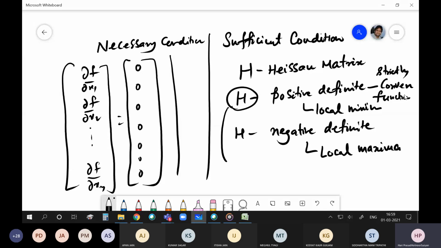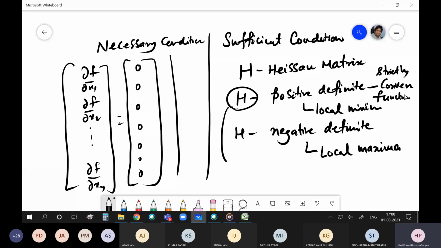What is that in a single variable? The line joining any two arbitrary points will be above the function. Here it will not be a line, it will be a surface, connecting arbitrary points in this n-dimensional space. If that surface is above the function, then it is a convex function.